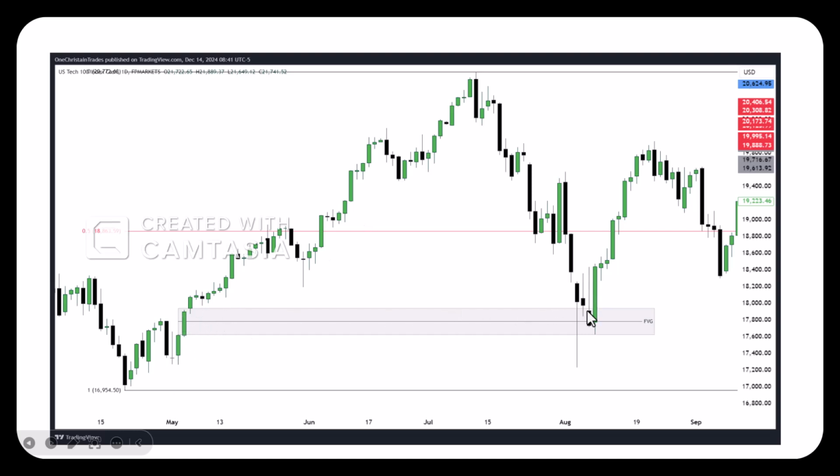Immediately dropping back inside it, we finally balanced out this entire BC right here. And what do we do after balancing out that entire range? We begin to offer smart money buys until finally once more we leave the discount area.